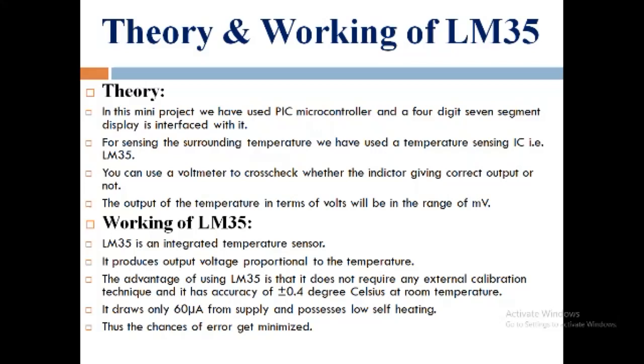The advantage of using LM35 is that it does not require any external calibration technique and it has an accuracy of plus minus 0.4 degrees Celsius at room temperature. Then it draws only 60 microampere from supply and possesses low self-heating. Thus the chances of error get minimized.